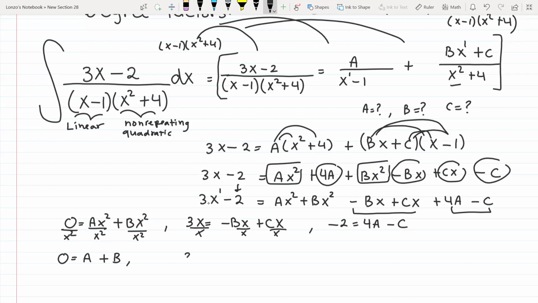So this is 3 equals negative B plus C. And then over here, negative 2 equals 4A minus C. Can't really do much. So what would I do next?